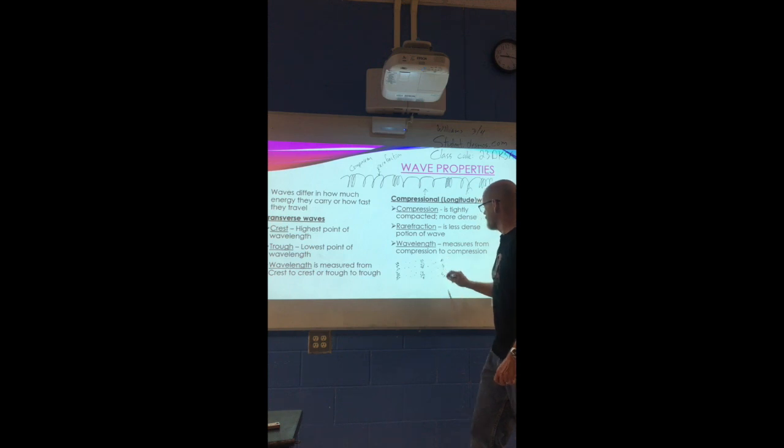So these dots represent the particles that make up the air. Here you can see a compression, compression, compression, compression, and this would be a wavelength. This would be another wavelength and another wavelength. And the rarefaction is the less dense area between the compressions.